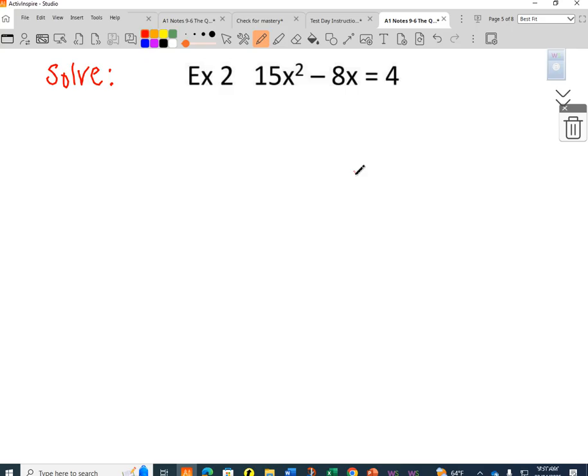So you'll be asked to solve a quadratic equation using the square root. You'll be asked to solve a quadratic equation by factoring. You'll be asked to solve a quadratic equation by completing the square. Okay? So if you're asked to solve a quadratic equation that way on the test, then to get full credit for that question, you have to solve it using that strategy. How does that work?